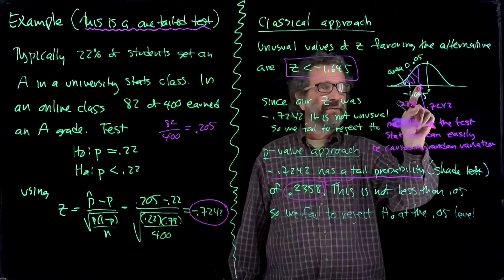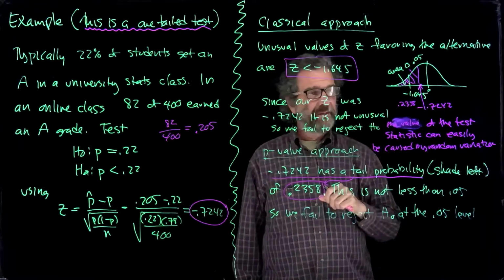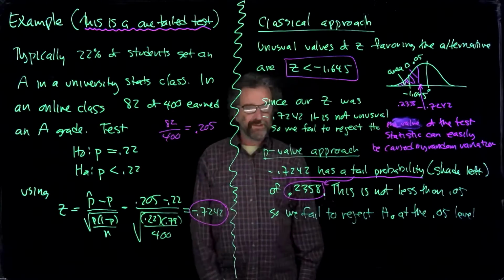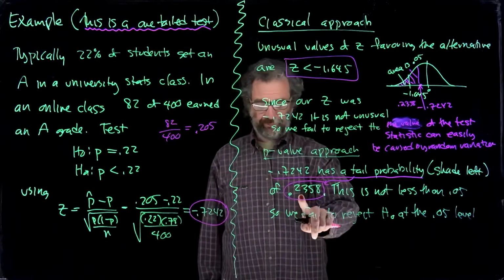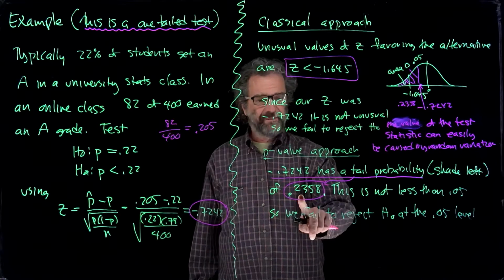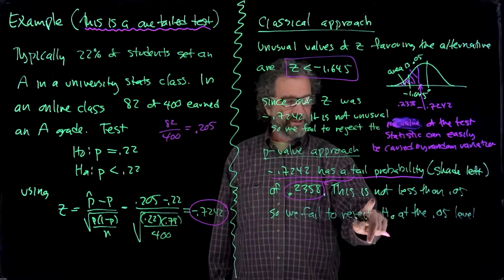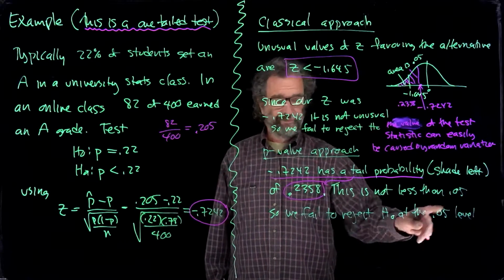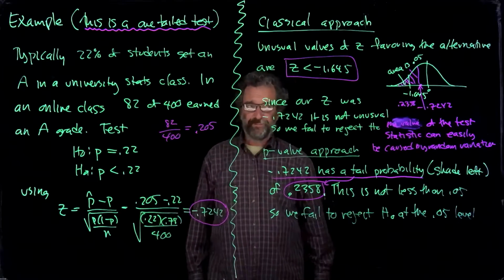You have to come over quite a ways to get to 0.05. You're too close to 0 to be considered a contender for rejecting the null hypothesis. But instead of doing that, we just compare the p-value to 0.05. Similar thinking, it's just we don't have to know what the test statistic value really means. So we got the 0.2358, we compared it to 0.05, but this is not less than 0.05. So we fail to reject the null hypothesis at the 0.05 level.